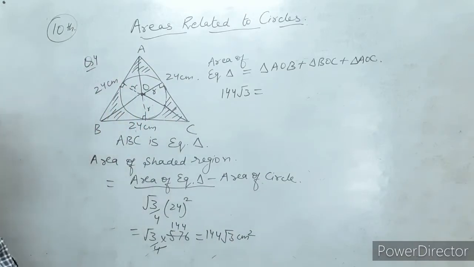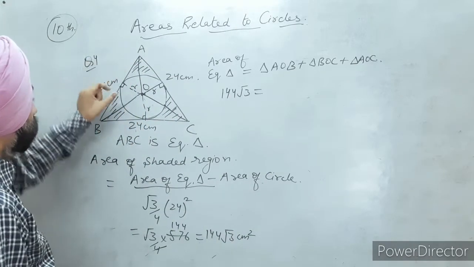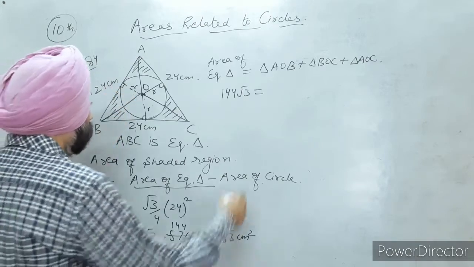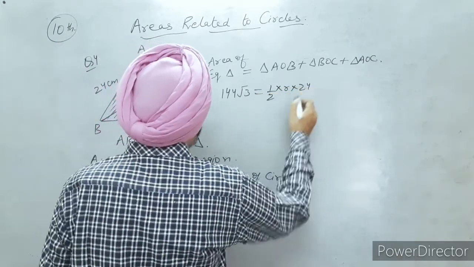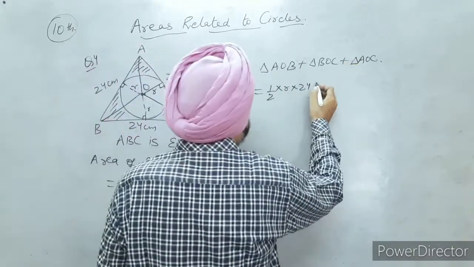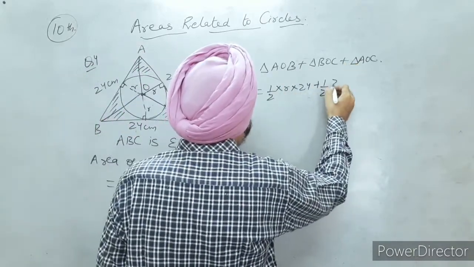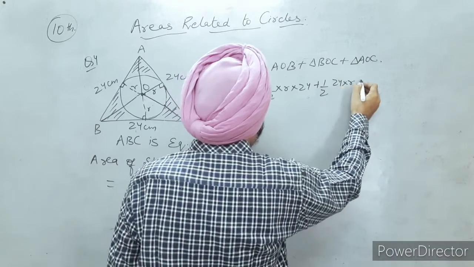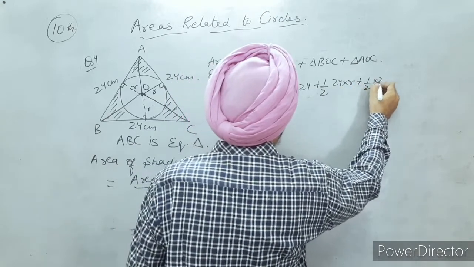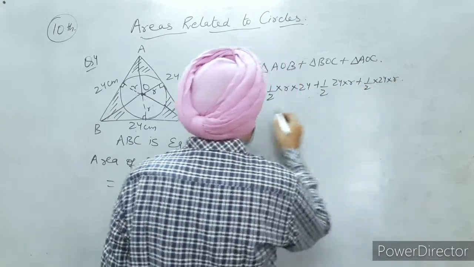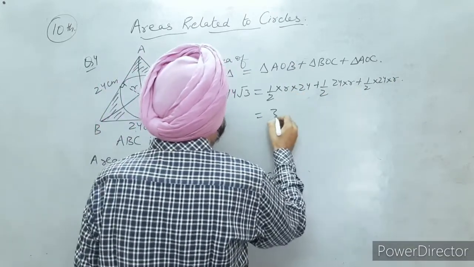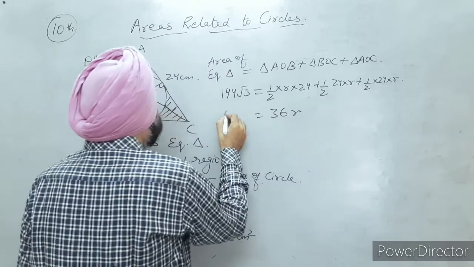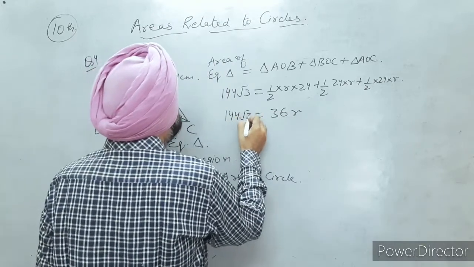Now AOB, the base is this, this is the perpendicular, that is half into perpendicular into base. Similarly for this, that is half 24 into R plus half 24 into R, that is 12R plus 12R plus 12R, I get 36R equals 144 root 3.